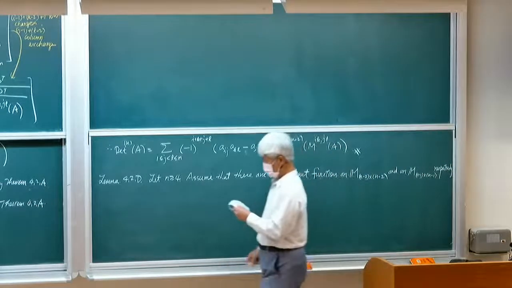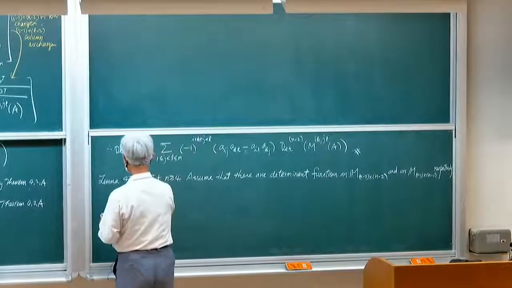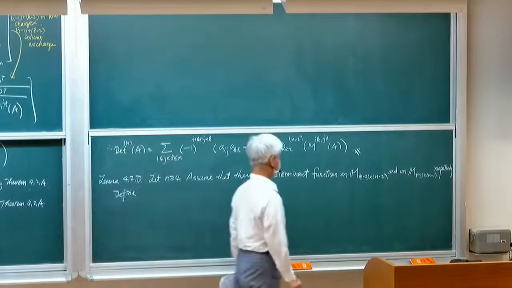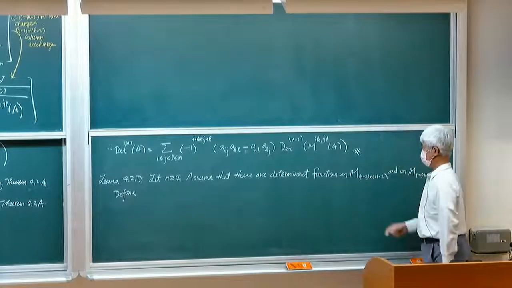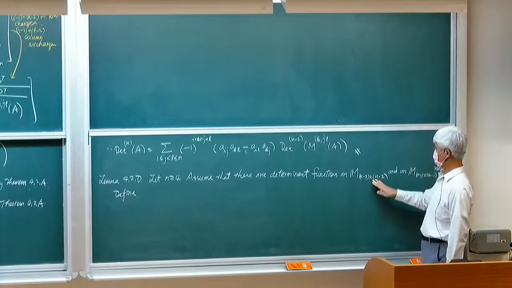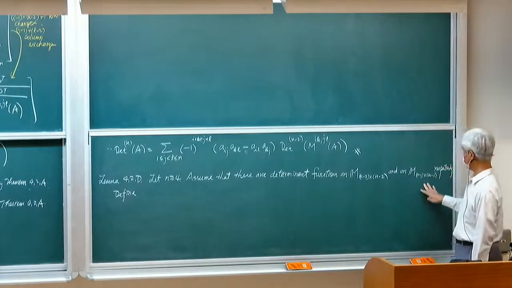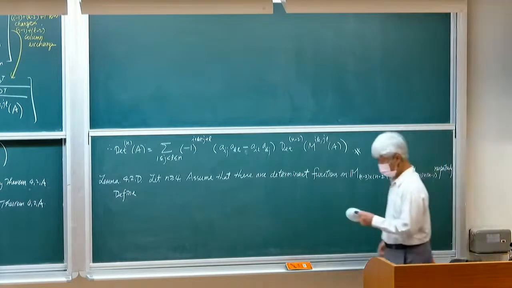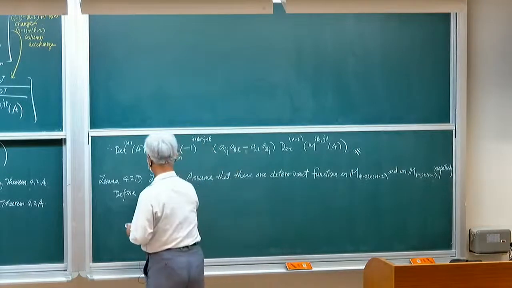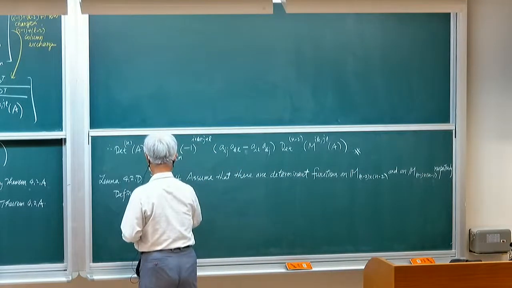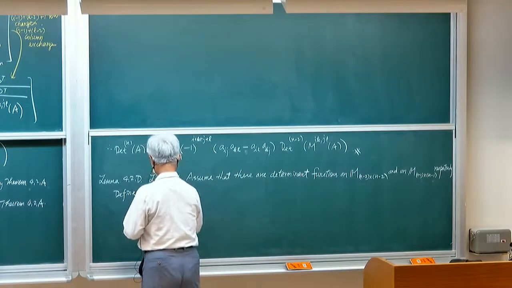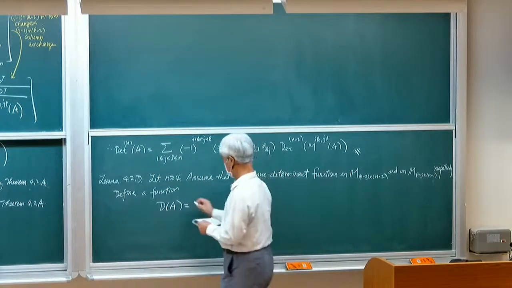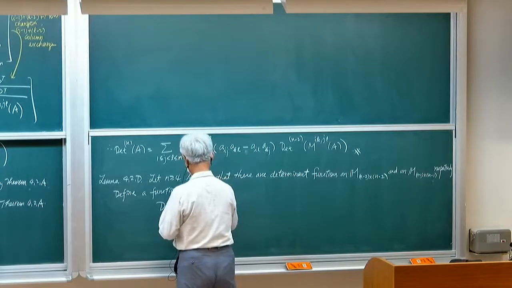Then we can build... suppose we have a determinant function for (m-2) times (m-2) matrices and a determinant function for (m-1) times (m-1) matrices. Then we define a function D on n times n matrices.